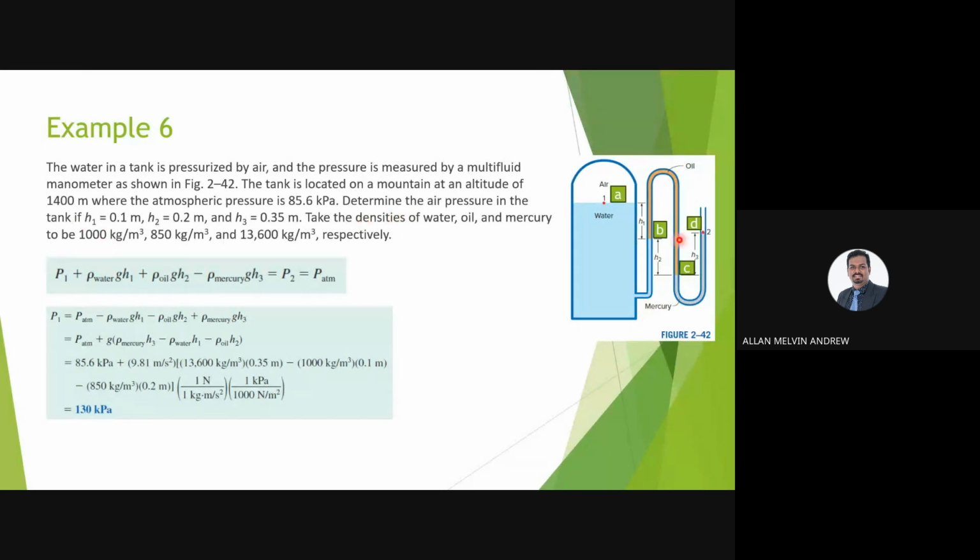If H1 is 0.1, H2 is 0.2 and H3 is 0.35, take the densities of water, oil and mercury to be 1000, 850 and 13,600 respectively. So densities are given, heights are given, and also the atmospheric pressure is given.